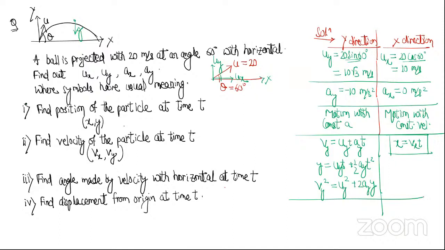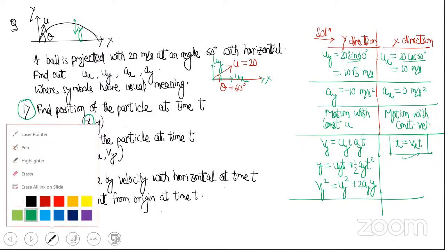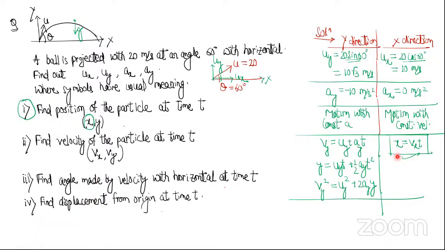Achha, now coming to question number 1, I have to find the x coordinate. So which equation to use? This one, x equal to vxt. So x equal to vx into t.